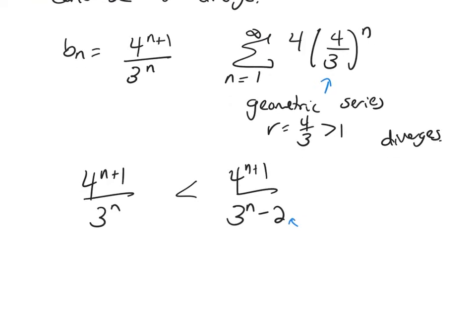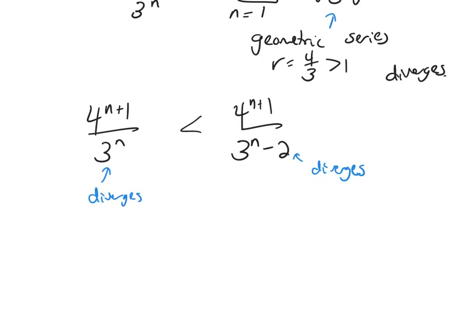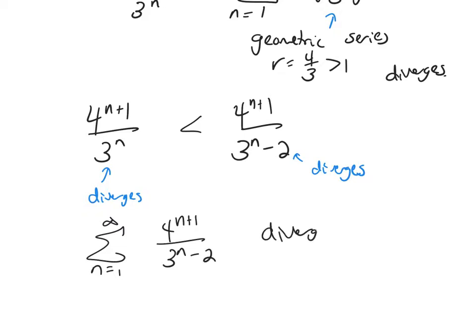So we know that the smaller one diverges, which means this larger one diverges as well. So I can just use the direct comparison test here and say 4 to the n plus 1 over 3 to the n minus 2 diverges by direct comparison test.